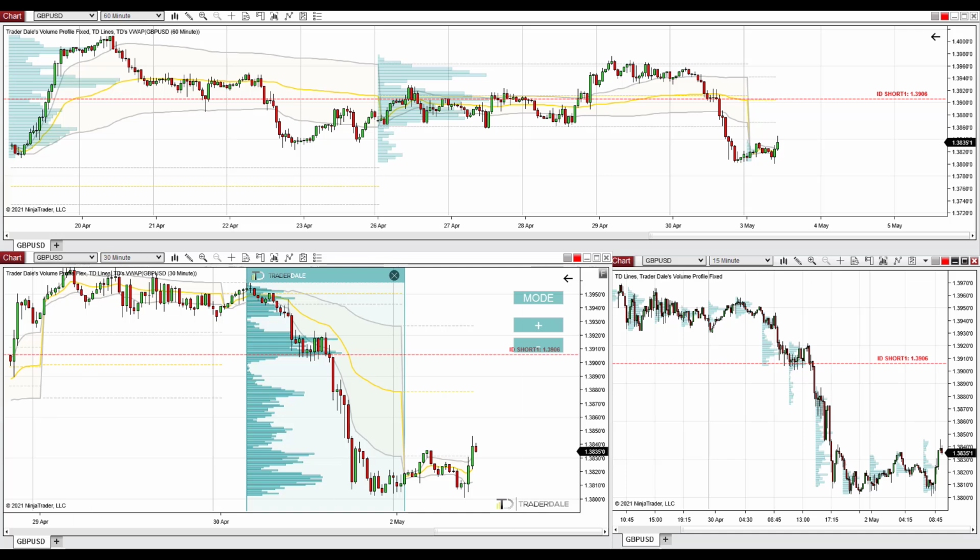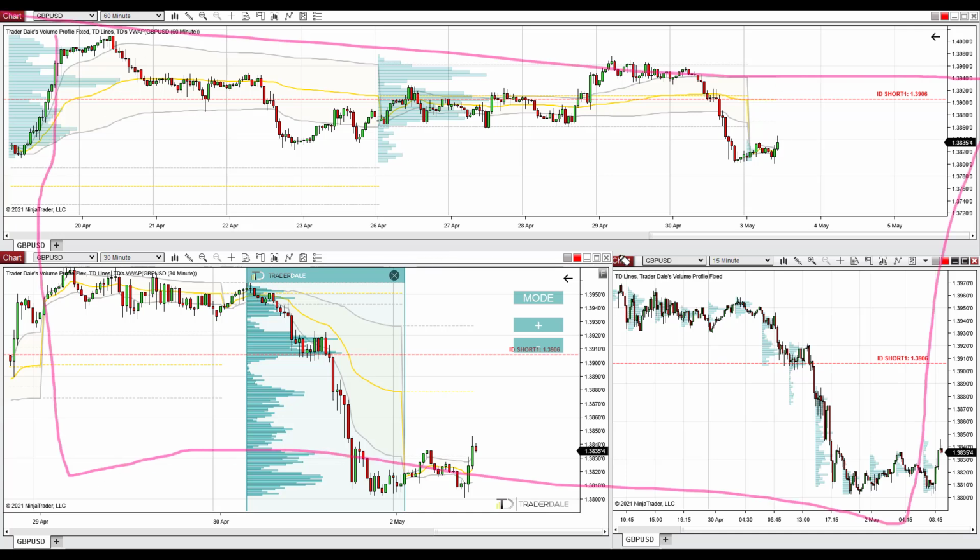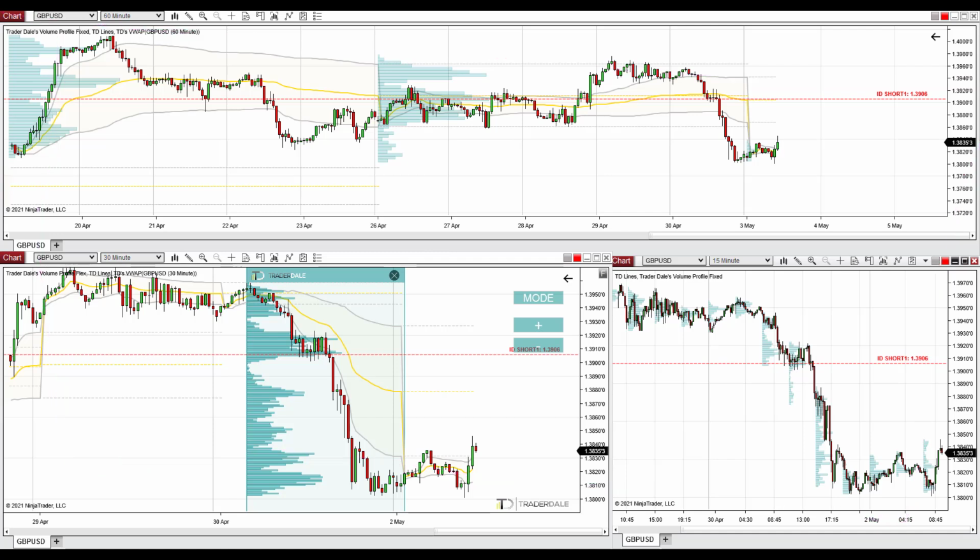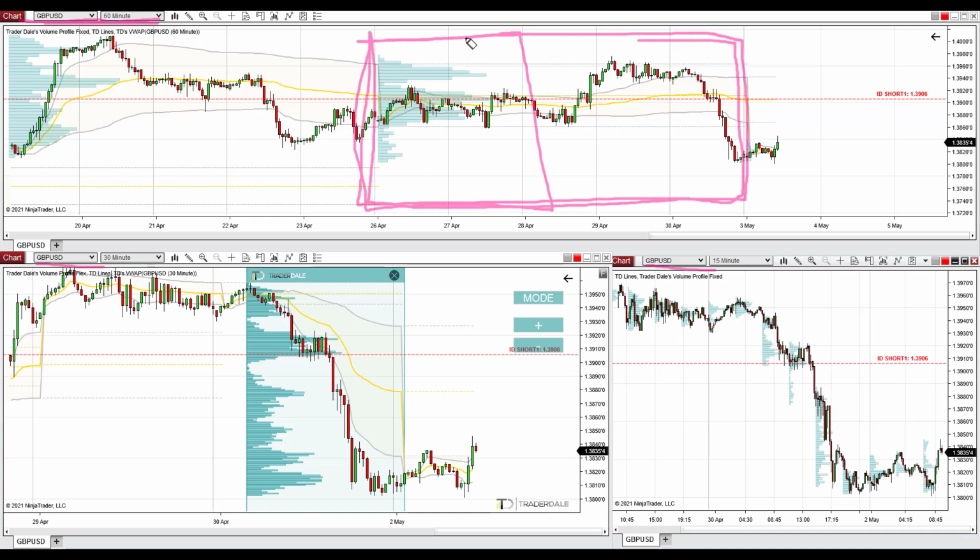The first trading idea is on a British pound. All those charts which you see are linked. They show the same trading instrument, British pound with the US dollar. This chart at the top is the big picture chart where I use weekly volume profiles which show how volumes got distributed throughout the whole week.